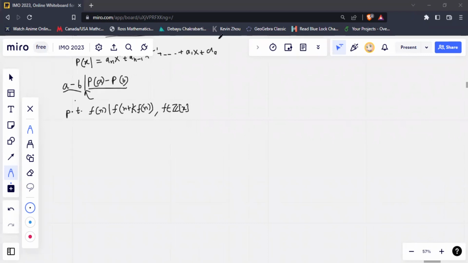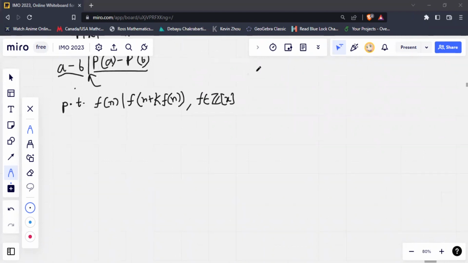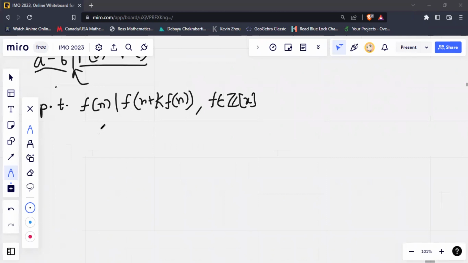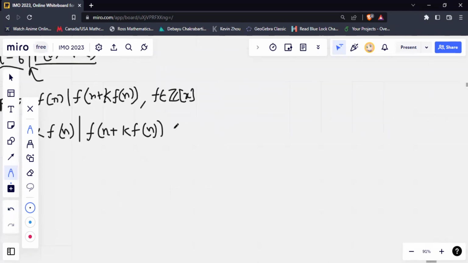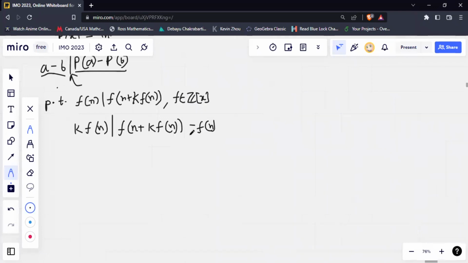In this we can use the divisibility lemma. k f of n will divide f of n plus k f of n minus f of n, by the lemma above.